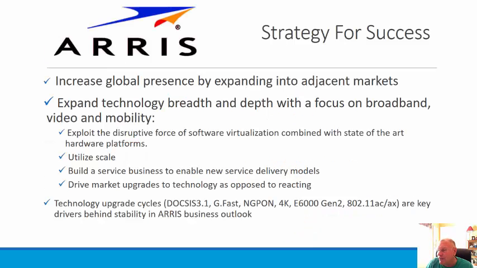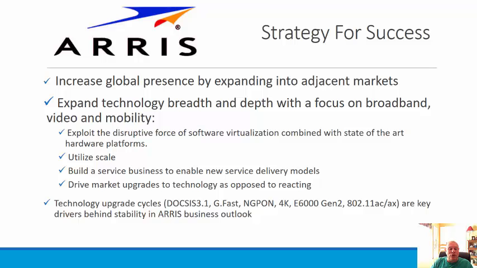Their strategy for success, as I found, is increasing their global presence by expanding in adjacent markets to where they are today. They're going to expand their technology breadth and depth with a focus on broadband, video, and mobility. You can see some of the things they're doing there, utilizing scale, service, business.